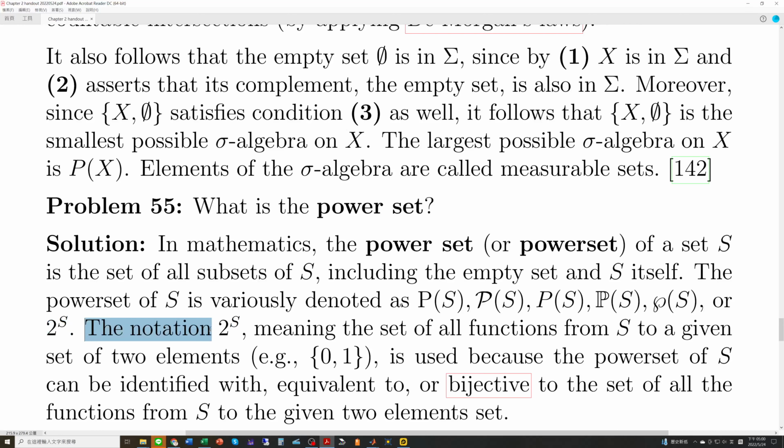The notation 2 to the power of S means the set of all functions from S to a given set of 2 elements, for example the set which contains 0 and 1. It is used because the power set of S can be identified with, equivalent to, or bijective. What is bijective? I have made a hyperlink here.